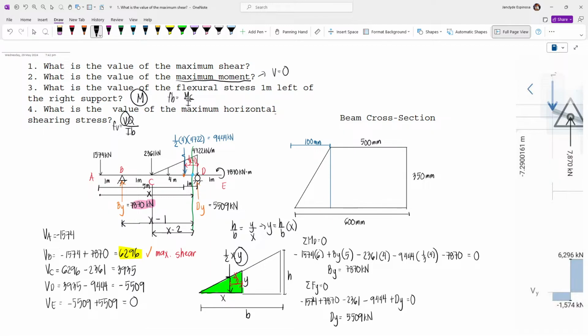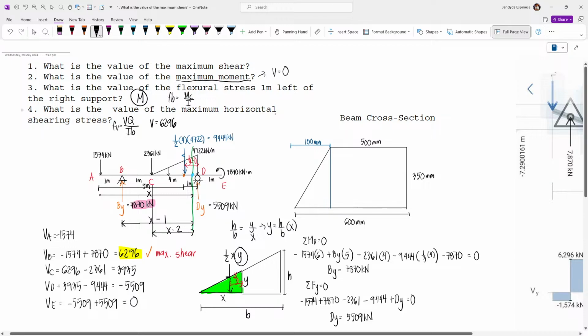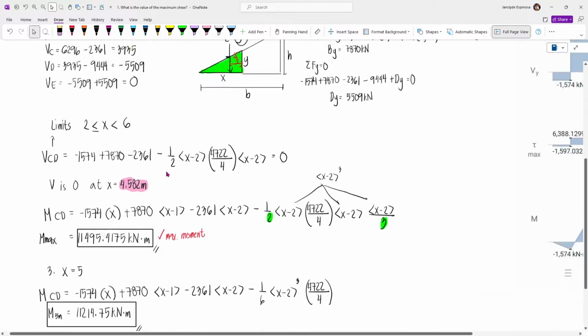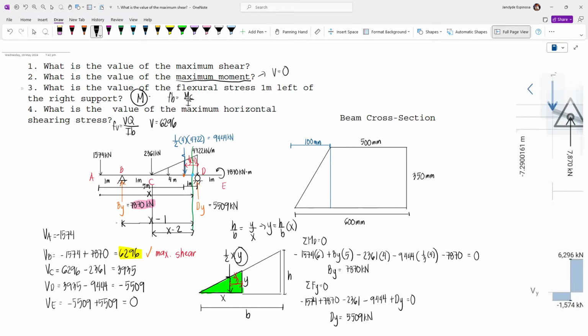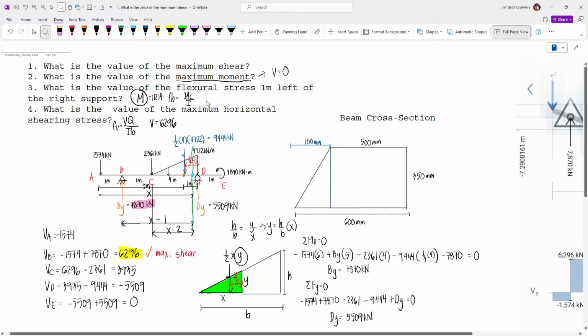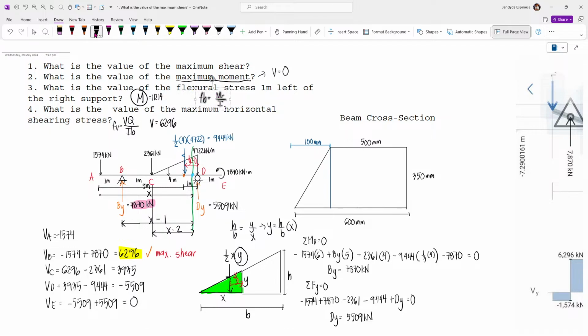The V you use is 6296, the maximum shear. And the M for number 3 is 11214.75.